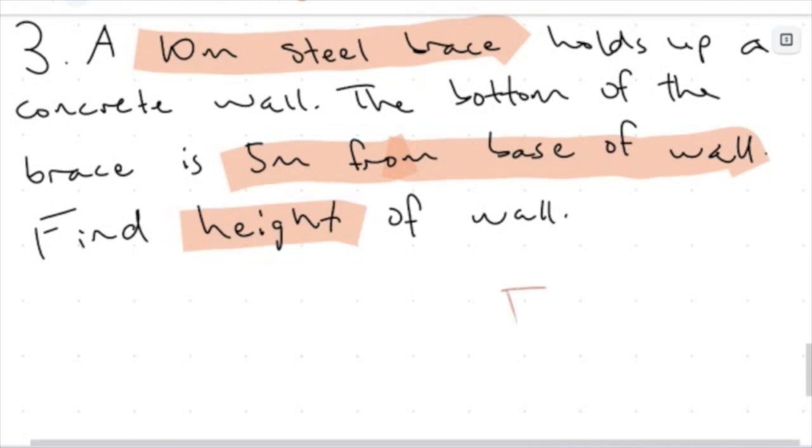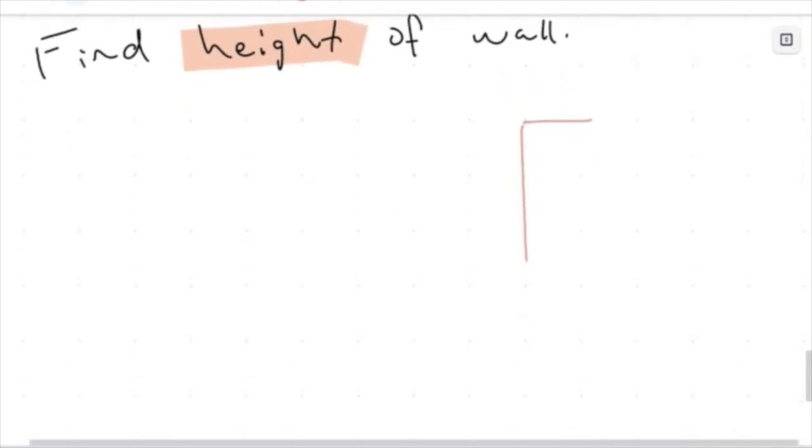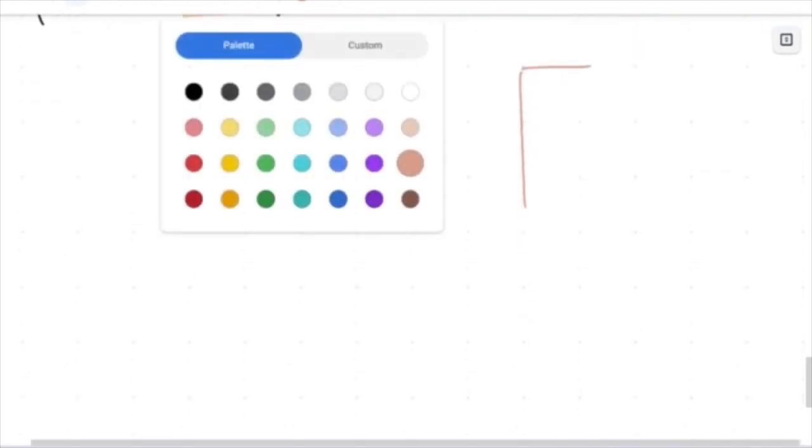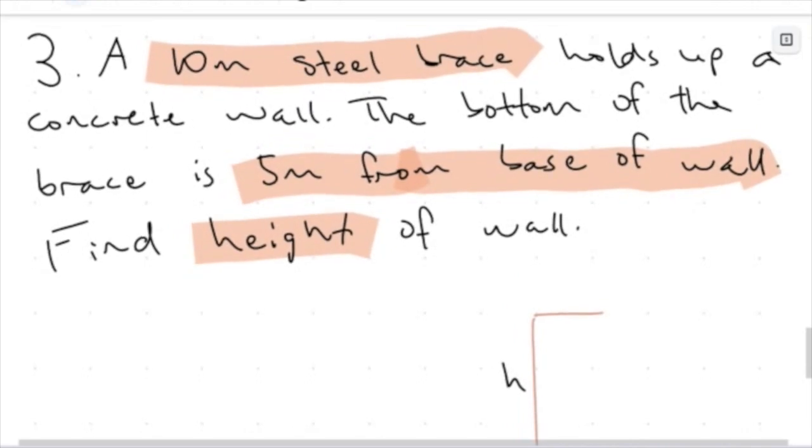So I have my wall. It's like a brick wall. Let me draw this a little straighter, just so you guys can see what I'm about to do. I have a brick wall, and I need to find the height of the wall, so I'm going to mark that as H. A steel brace is holding up that wall.